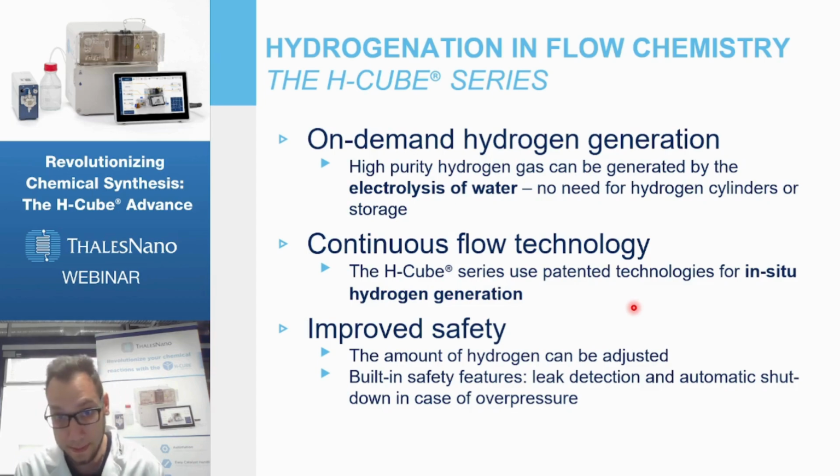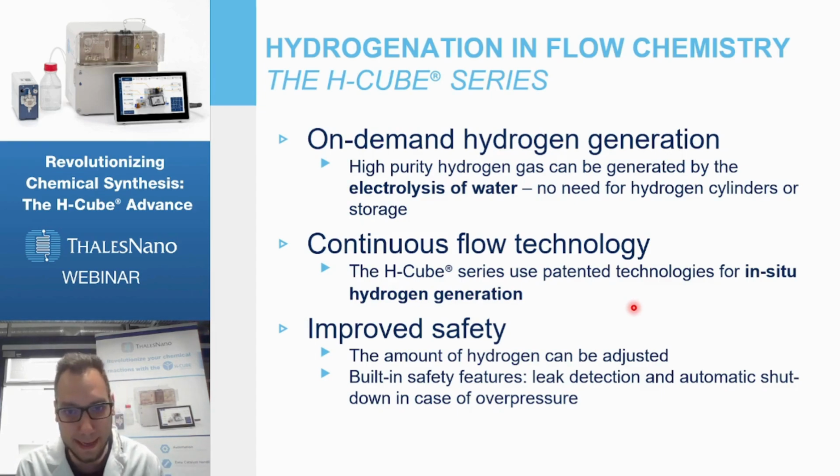This is called on-demand hydrogen generation, and it makes the technology a whole lot safer because you don't need to store vast amounts of hydrogen, and the amount of hydrogen that is generated and stored within the cell itself is absolutely tiny.